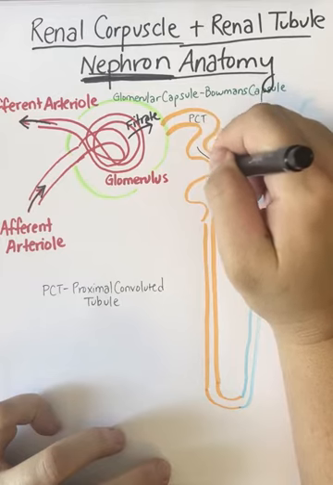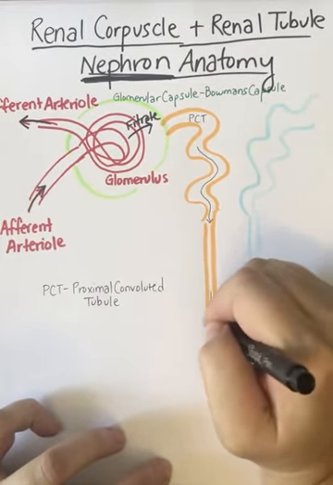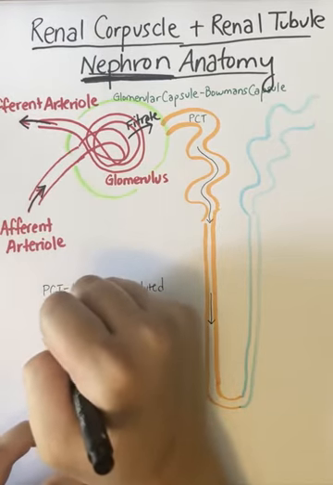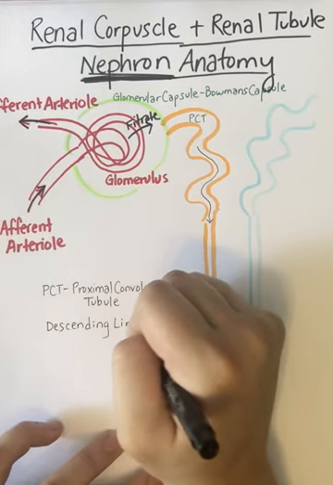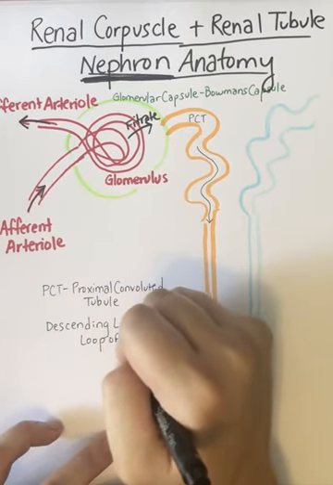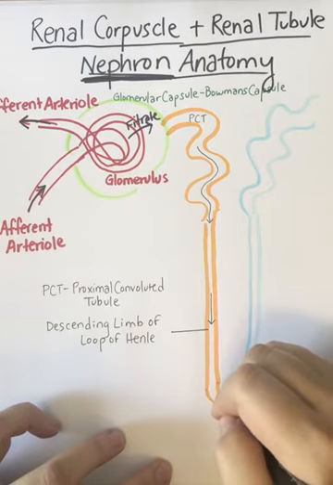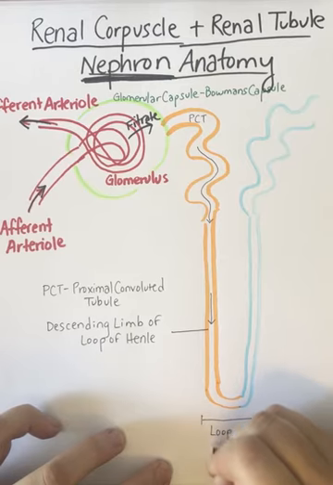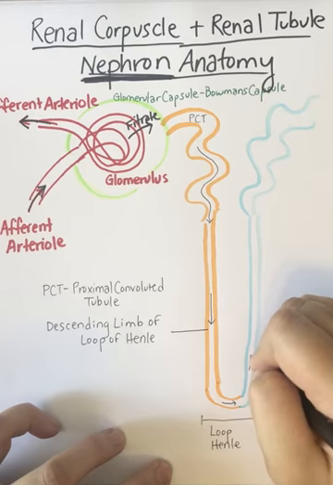From there, it's going to go down, and this is going down, so the word for down is descending. So this is called your descending limb of the loop of Henle. That would be this structure. Then it goes through the loop of Henle, so we can literally label this the loop of Henle. And then it is going to travel up.